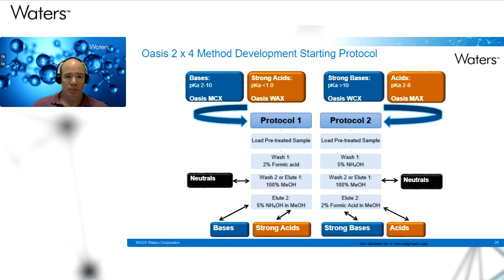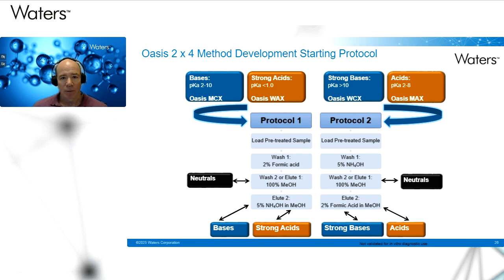We then do a second wash with 100% methanol or 100% organic. That's generally designed to get rid of as many of the neutral interfering substances as we can, while retaining our compounds by ion exchange. And then finally, we're eluting in high organic and in alkaline conditions with 5% ammonia in methanol.